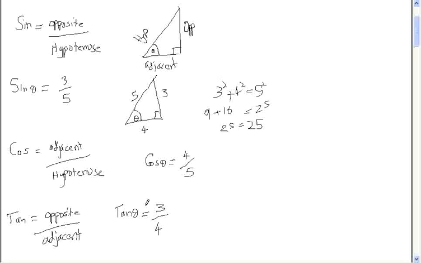Alright, so in your calculators you'd have to first press the shift button and then press the sine button and then open up brackets and then do 3 divided by 5. Or if some of you are smart, you could just say sine inverse of 0.6, which is the result of 3/5. So sine inverse of 3 divided by 5, and you press the equal sign and you get 36.9. That's to 1 decimal place.